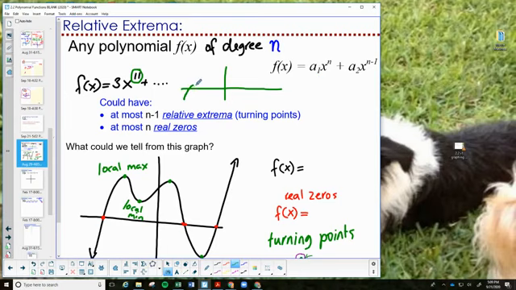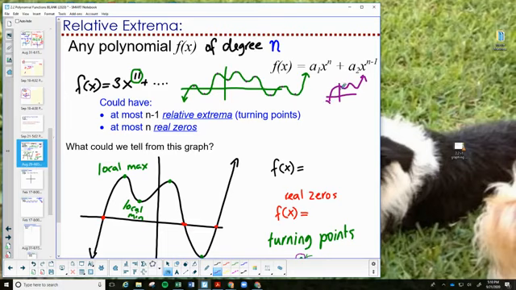Let's see. 1, 2, 3, 4, 5, 6, 7, 8, 9. Ooh, have I miscounted? How many turning points have I got here? Let's count them. 1, 2, 3, 4, 5, 6, 7, 8, 9, 10. Okay, it could have up to 10, but it could simply go like this.